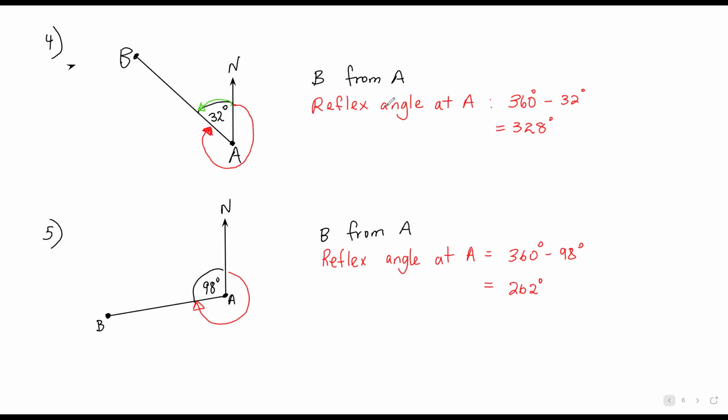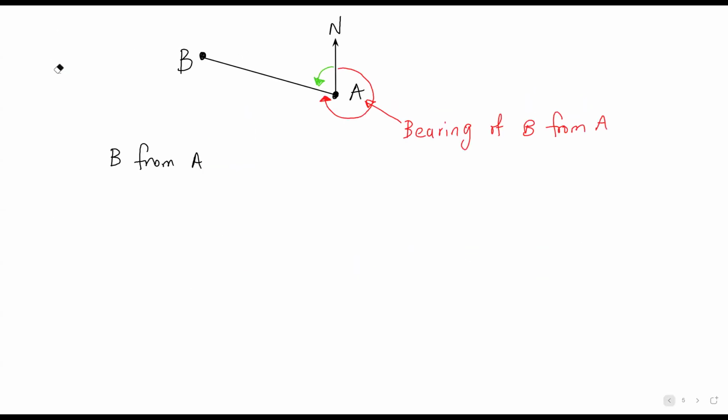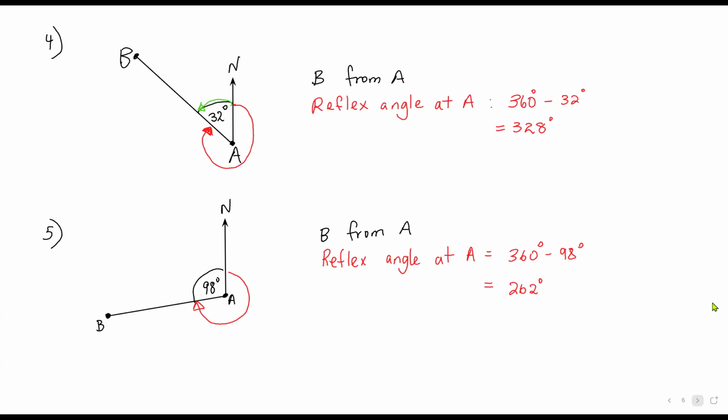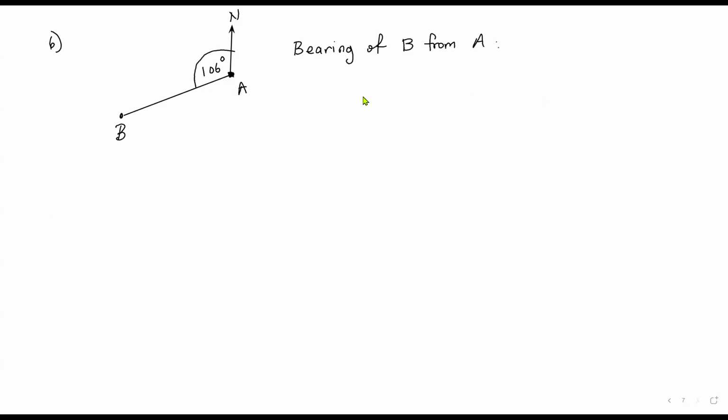Did you see how I did these examples with the other girls? It's not about knowing that it's the reflex angle, it's being able to identify what the bearing of B from A would be, which is, yes, the reflex angle here, but it's being able to tell that it is the angle formed between the north line at your starting point and your line connecting B to A. So how would we calculate it?